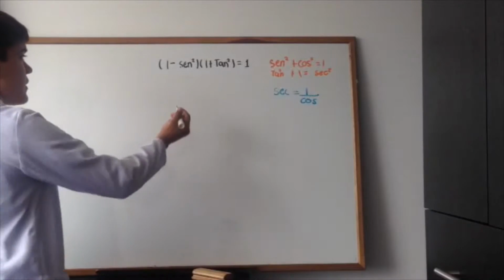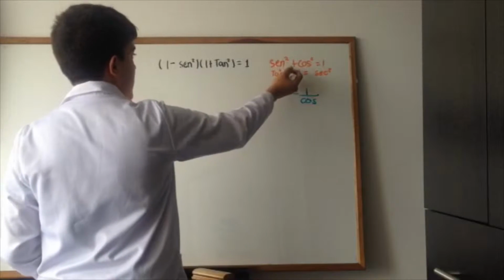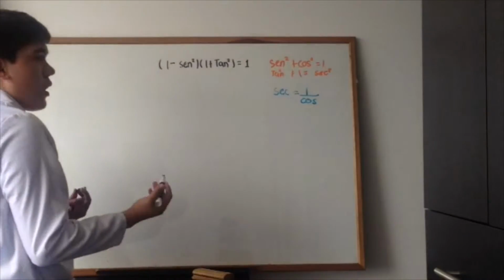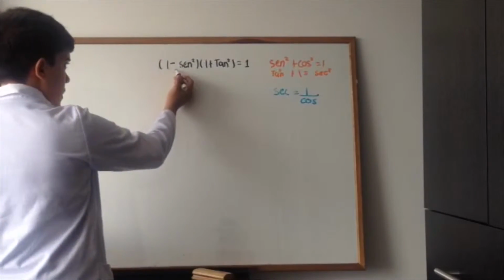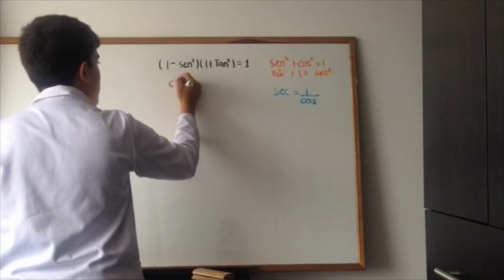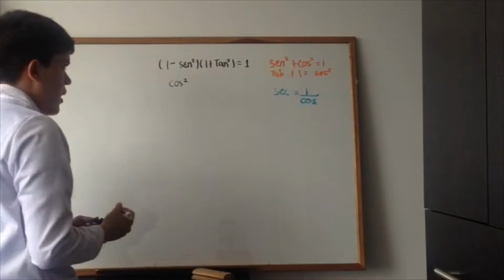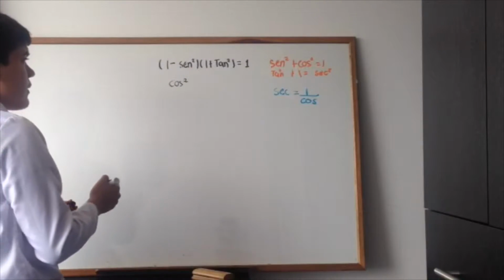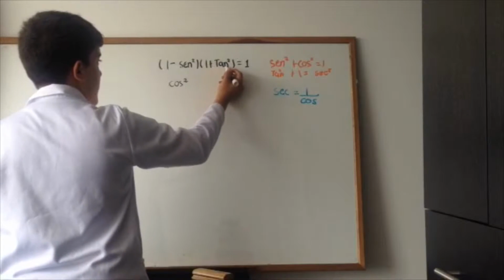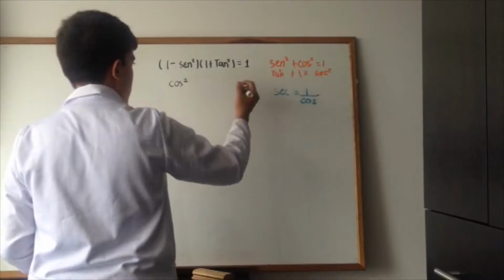First, we have to replace this term, using this identity. 1 minus sine squared is equal to cosine squared. And the second term, 1 plus tangent squared, is equal to secant squared.